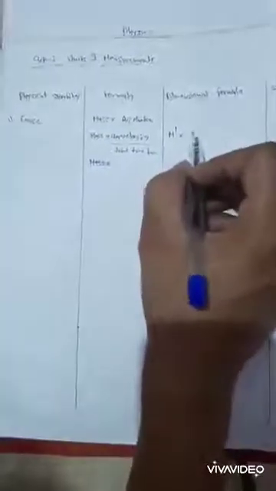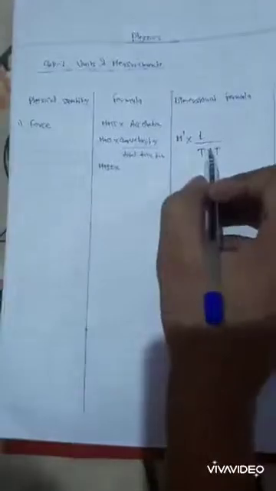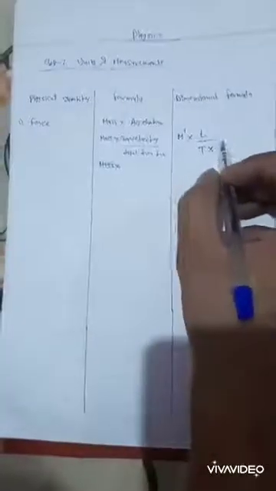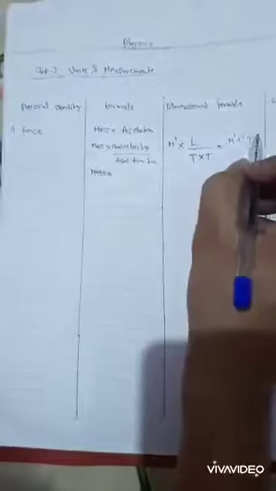So we know that velocity is displacement by time, and we will divide it by t also because it is total time taken in acceleration. So you will get M1 L1 T minus 2.